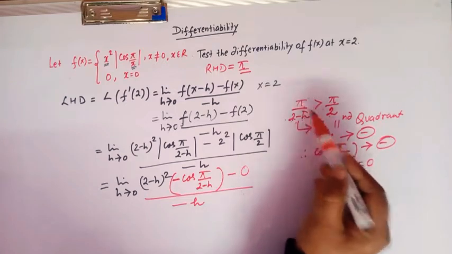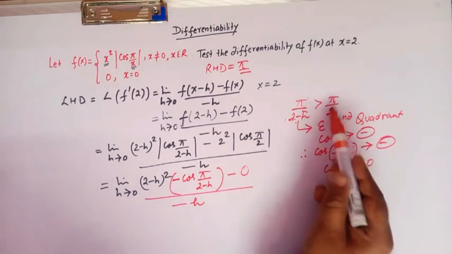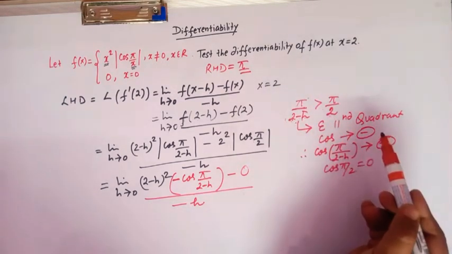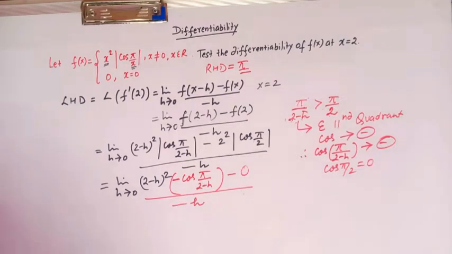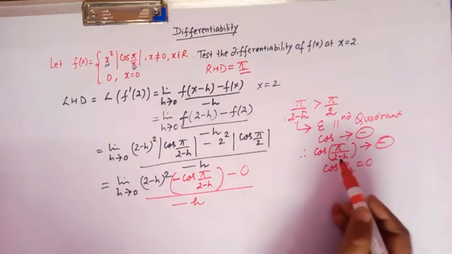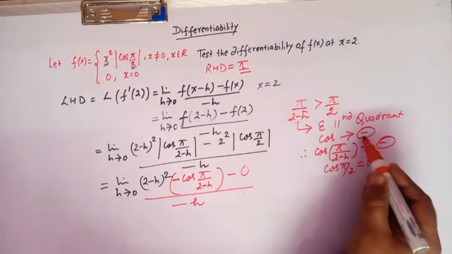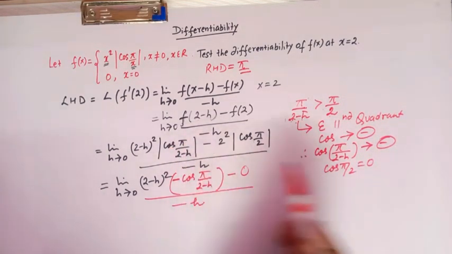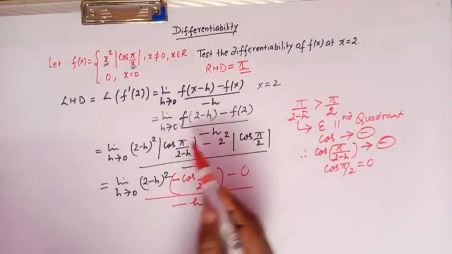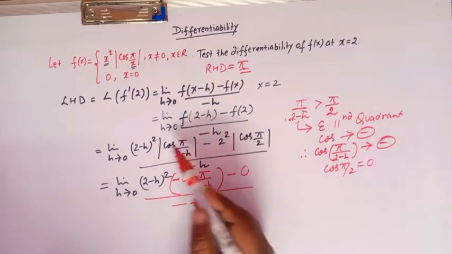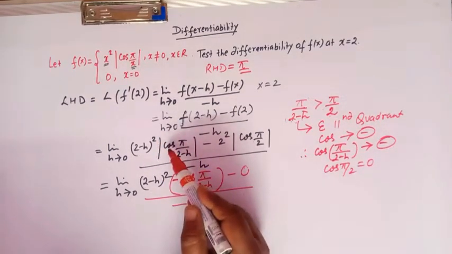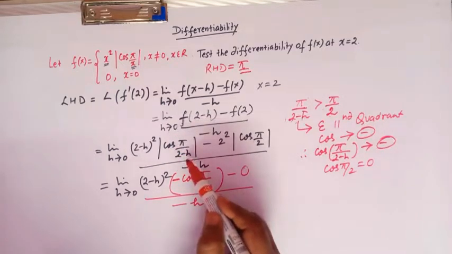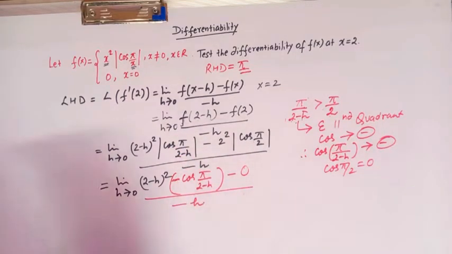So this angle is greater than pi over 2, hence it lies in the second quadrant, and in the second quadrant the cosine function is negative, so the value of cos of pi over 2 minus h is negative, hence the absolute value of cosine of pi over 2 minus h is negative, right?